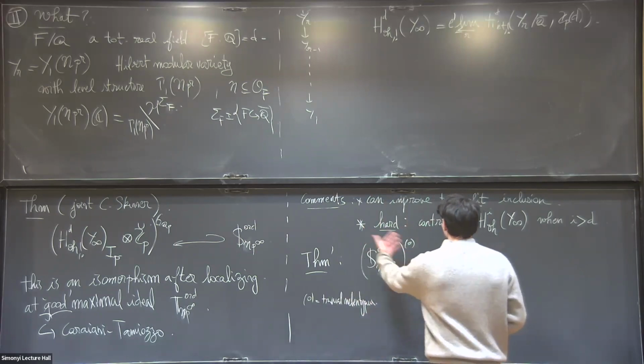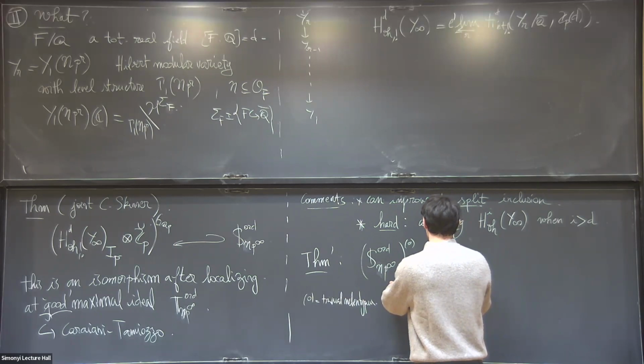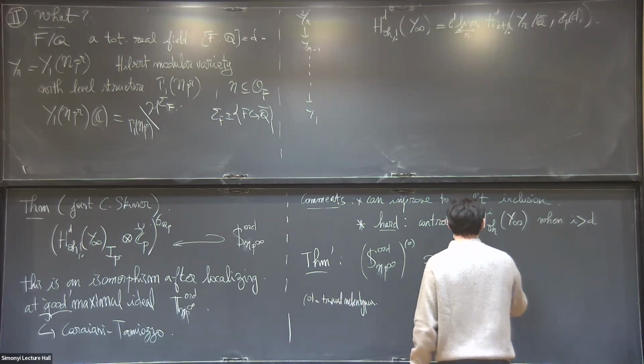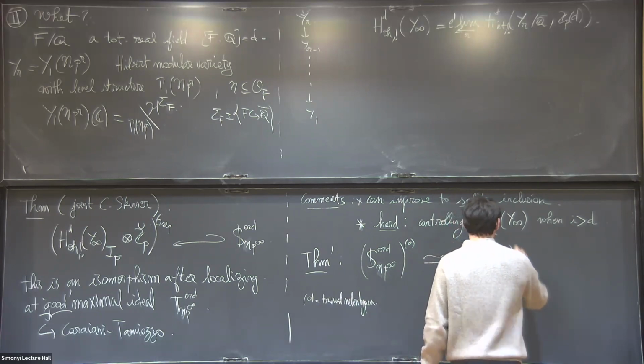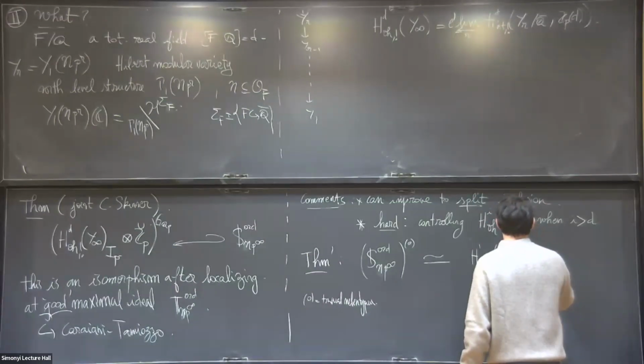So the action mod P of the diamond operators is trivial. This is isomorphic to the trivial Nebentypus part. Inertial covariance.